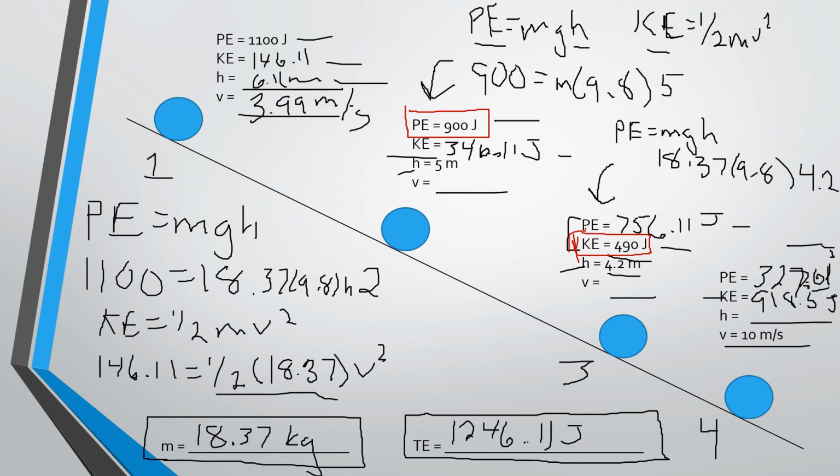So we expect these velocities, you could solve for them. I don't think it's good use of time. We expect this velocity to be bigger than 3.99, but less than 10. And we expect this velocity to be bigger than this velocity. Trends, yes.